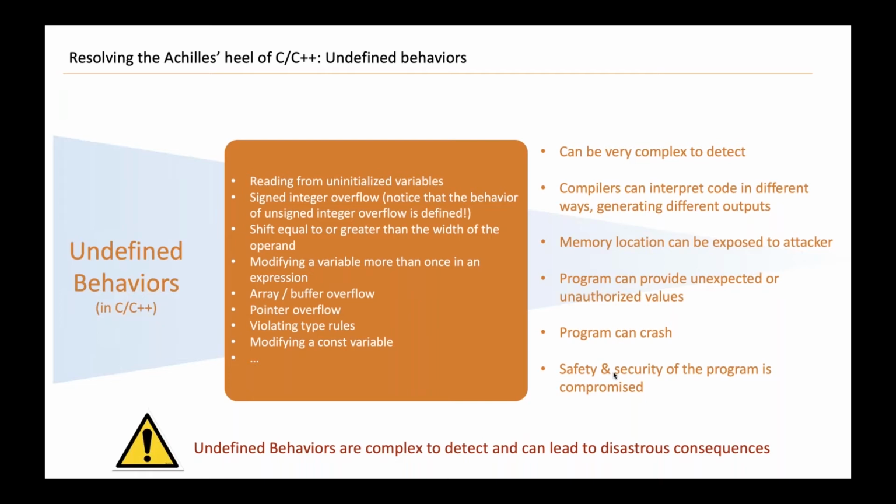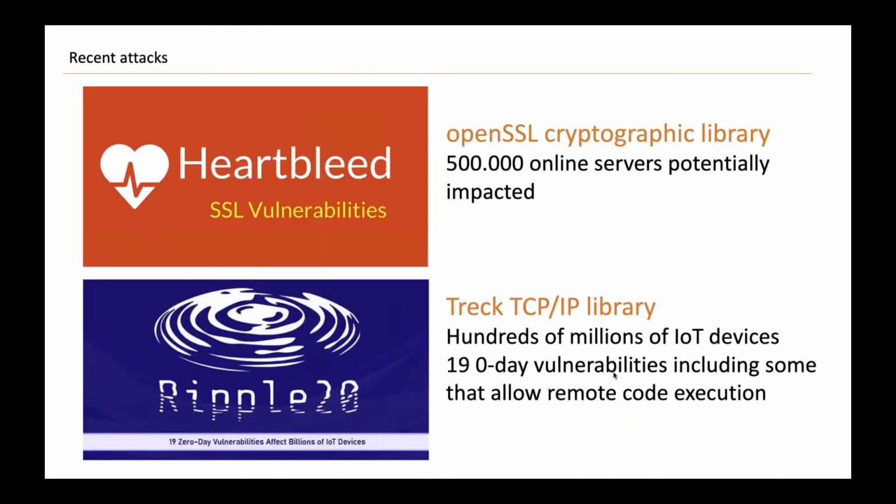So we really focus at TrustInSoft on identifying and correcting the undefined behaviors that can be left in critical software. Just to give you a couple of examples of what's happening if you leave undefined behaviors in critical and important code.